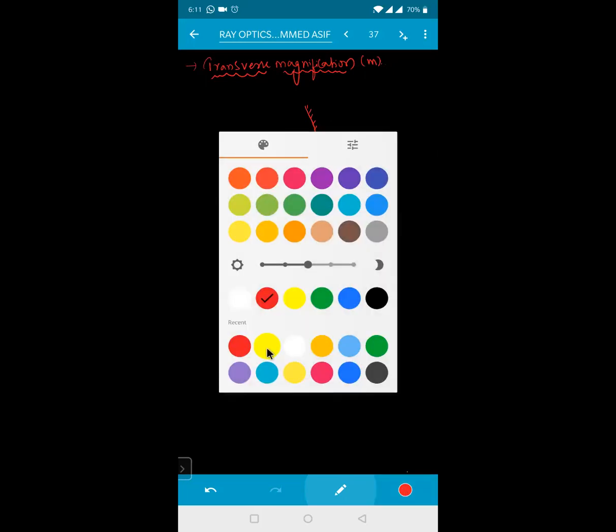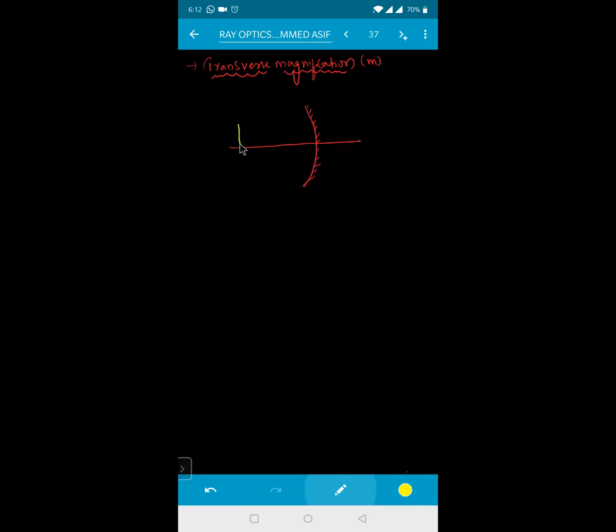Say somewhere here there is an object, say A and B. The ray from this one will be incident on this one like this, and it will get reflected back like this. Another ray of light will pass through the center of curvature like this, reach the pole, and from there it will reflect back in the backward direction.